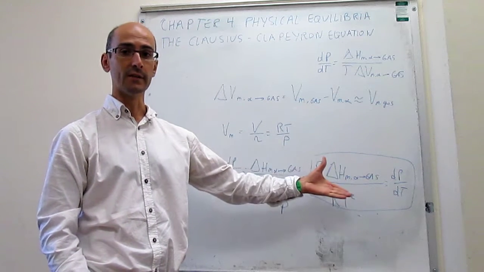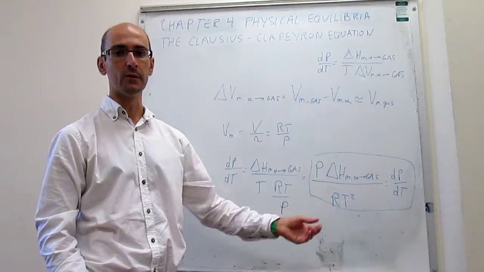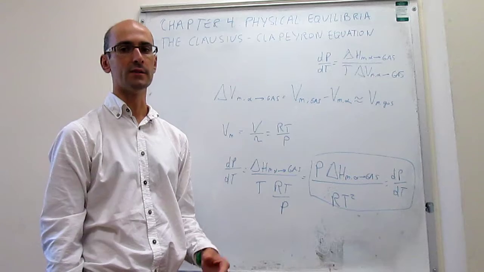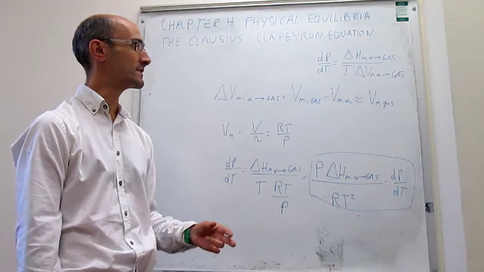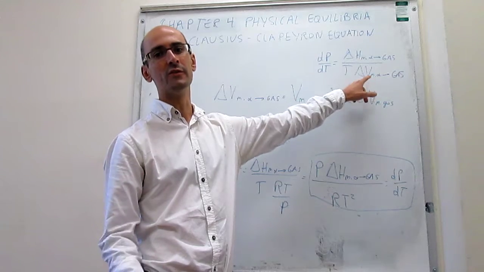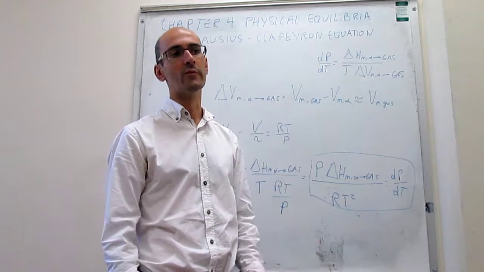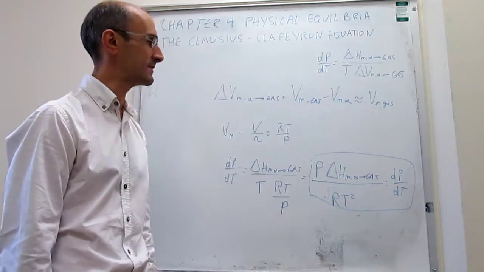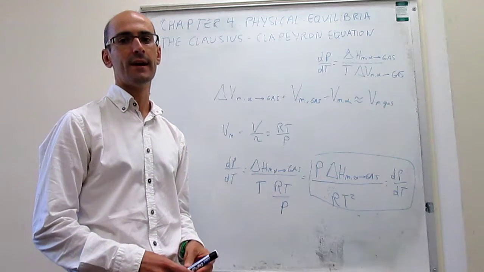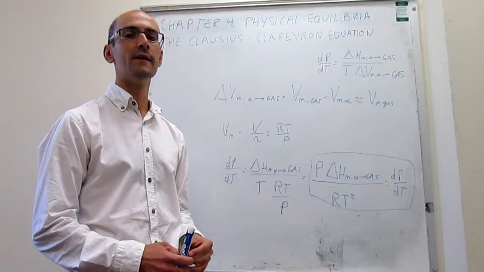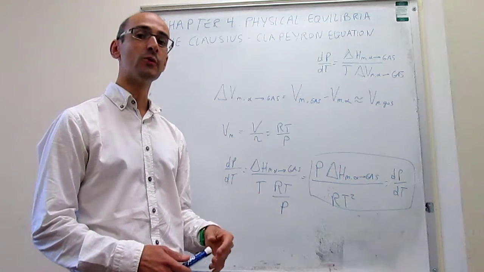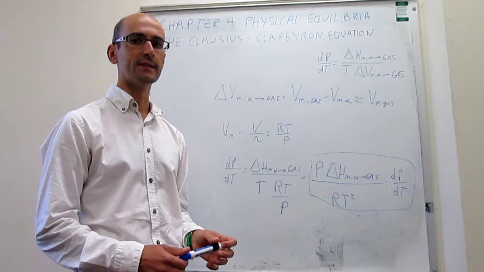So usually all of these numbers are known, and that means that it's fairly easy to calculate what the slope of the phase boundary is. Again, when you use the Clapeyron equation, you need to know the molar volumes, which are usually not available, or they're more difficult to find when you have solids and liquids. So this is the Clausius-Clapeyron equation, and it serves to calculate the slope of the phase boundary for the liquid to gas or solid to gas lines in the phase diagram.